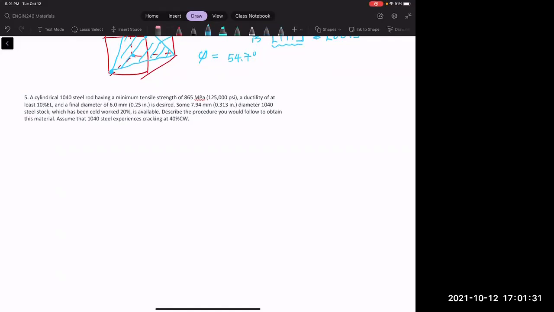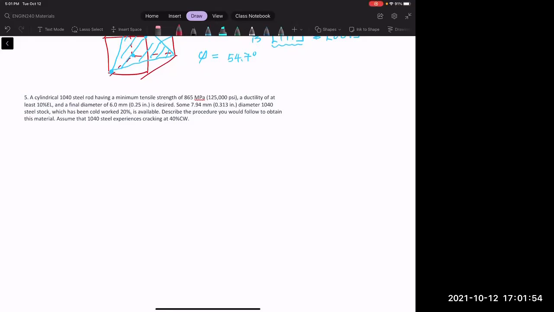So let me see how to work on this one here. What is the given information? The material is 1040 steel. They tell you the minimum tensile strength is 865.